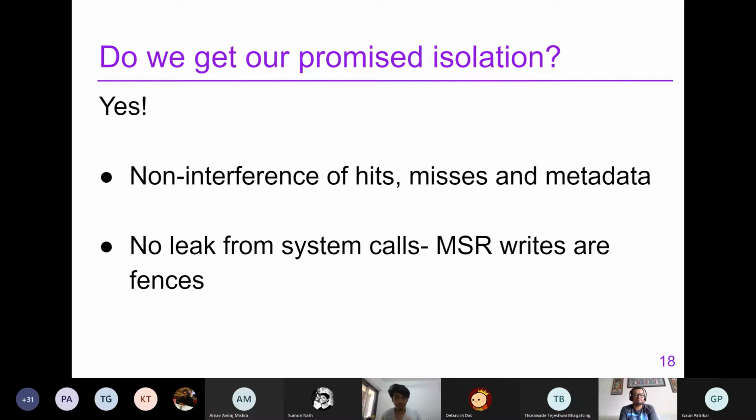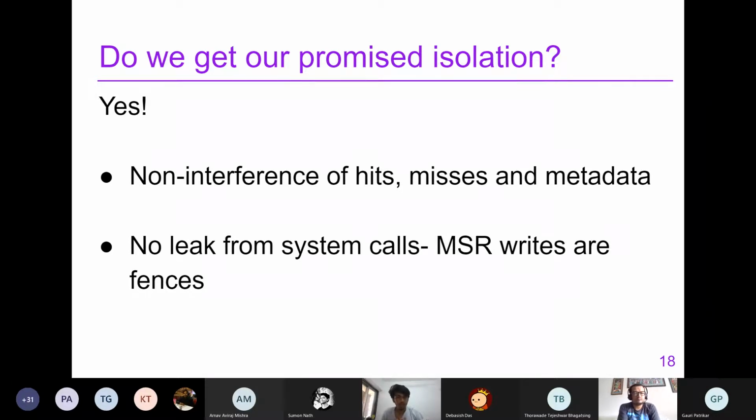One point I forgot to say is that even CLFLUSH is not allowed across protection domains; it is restricted to that protection domain. So now we cannot evict from other protection domains, and we cannot get hits from other protection domains. And even the metadata side channels are secure because of this.